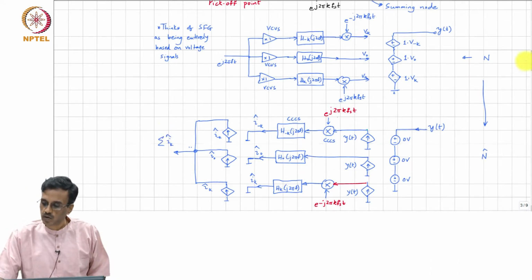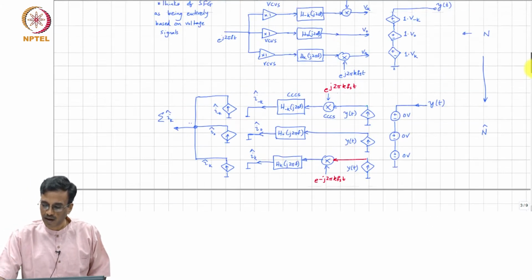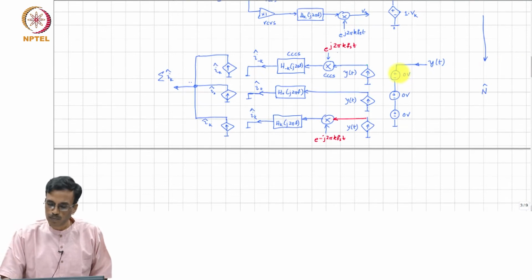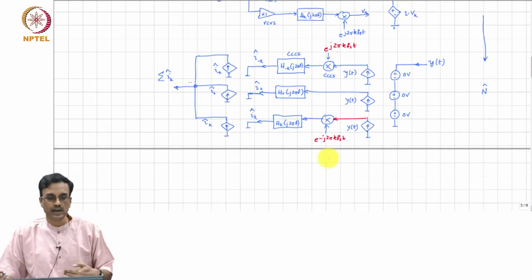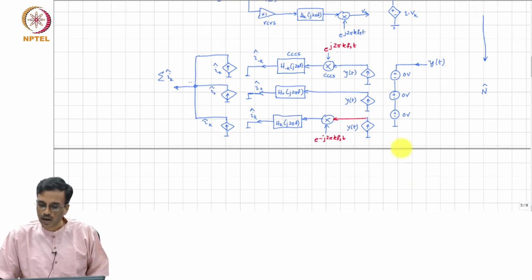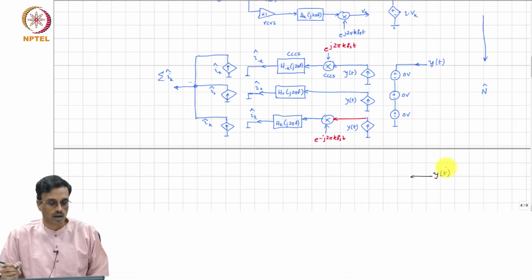All right. So, now what has happened here? The same input y. Now, this is N hat. So, how do we interpret this in the signal flow graph? Well, this is a signal y of t. What is happening?